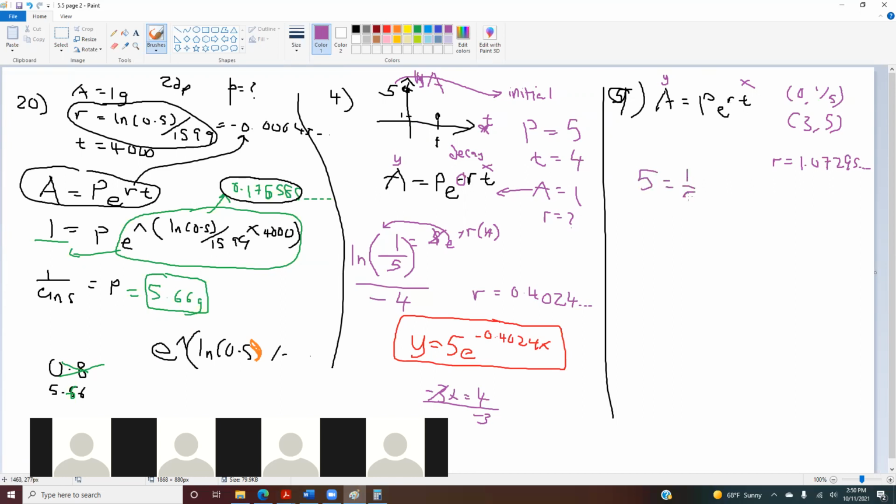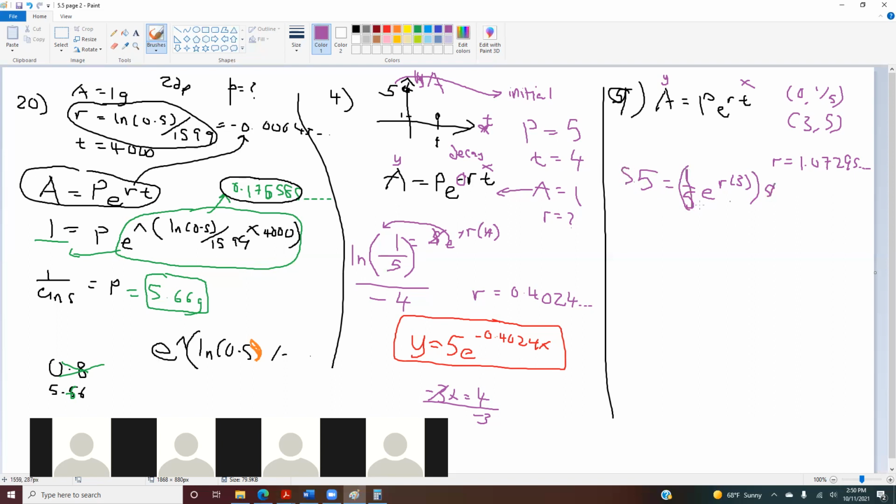That is correct. So your equation will be 5 equals 1/5 e^(3r). And you divide by 1/5 on the other side. Instead of dividing by 1/5, it's times 5. So don't divide, multiply.